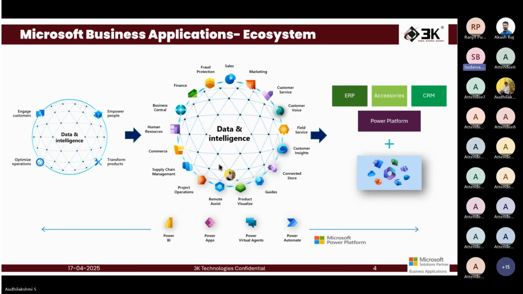Finally, it all connects seamlessly with Microsoft 365 tools like Excel, Outlook, and Teams, driving truly integrated and intelligent business applications. Since most customers are familiar with the Microsoft ecosystem, I would still like to show you how the Microsoft Business Applications ecosystem works.